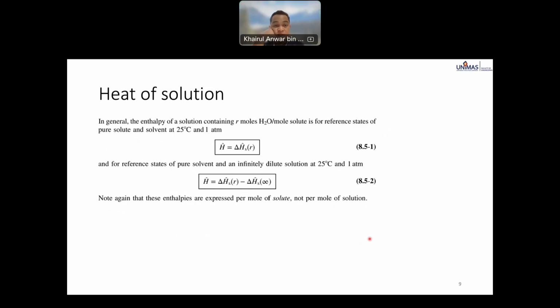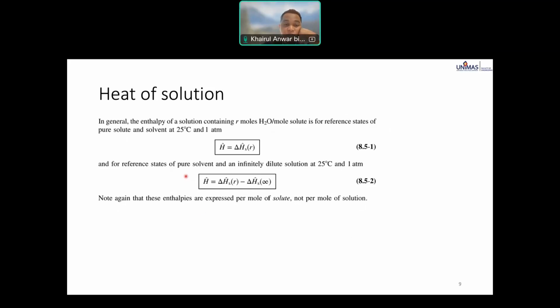In general, the enthalpy of a solution containing r moles H2O per mole solute, for reference state of pure solute and solvent at 25 degrees C and 1 atm, is specific enthalpy H equal to delta Hs at r.